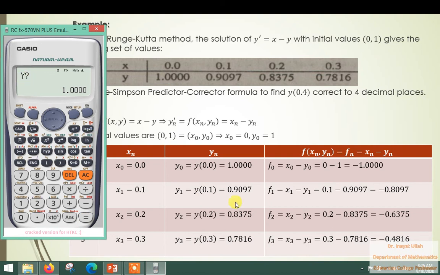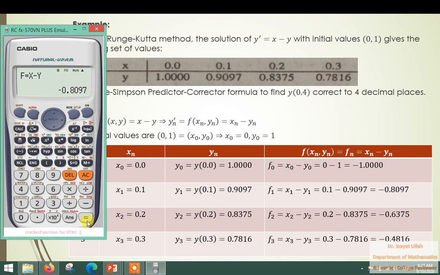So y is now 0.9097, so that is equal to minus 8097 by 10,000. Convert this into decimal: minus 0.8097, and this is up to 4 decimal places, because we have fixed this calculator up to 4 decimal places.